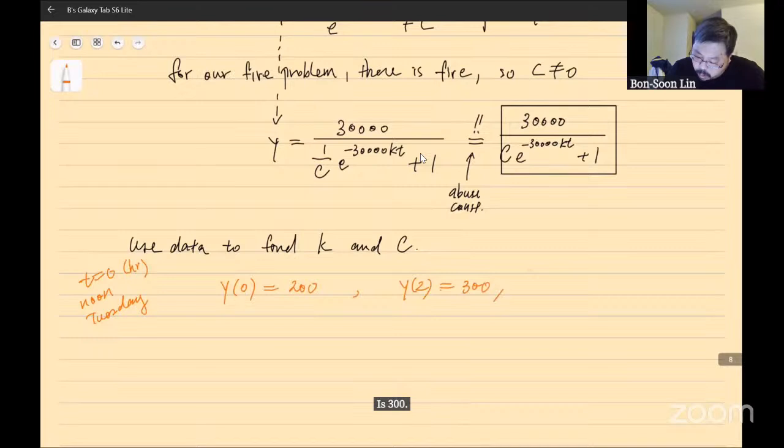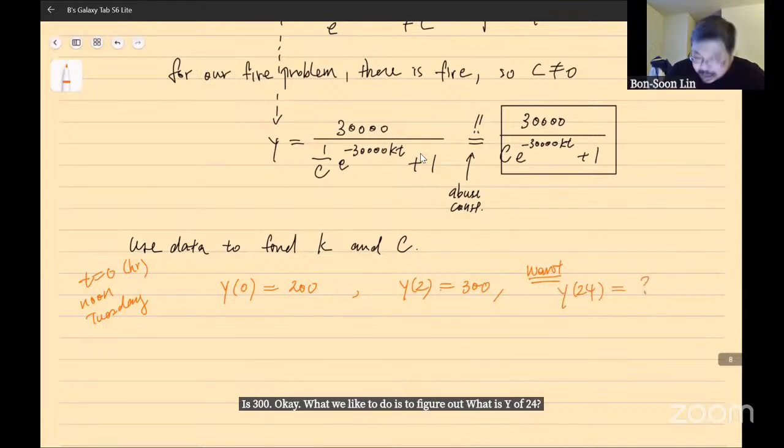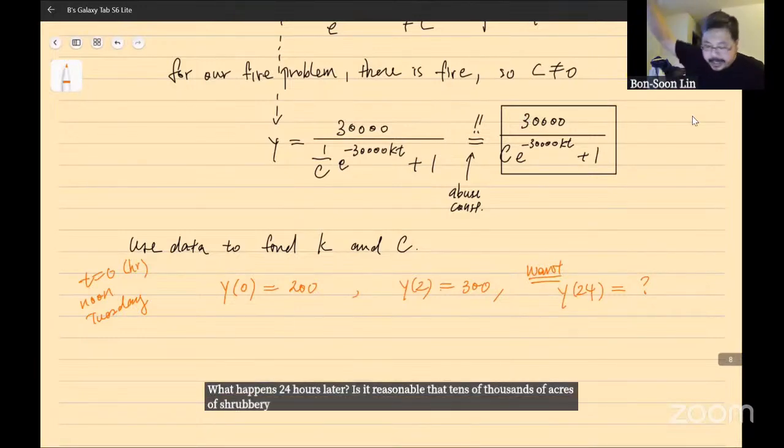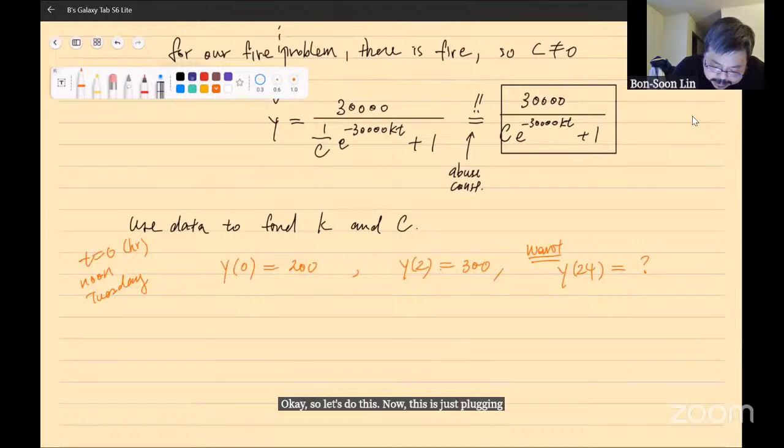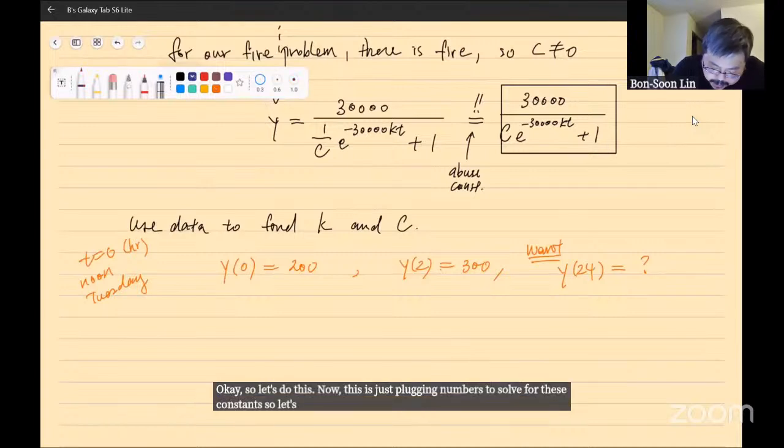What we'd like to figure out is y of 24. What happens 24 hours later? Is it reasonable that tens of thousands of acres are being burned? Now this is just plugging numbers to solve for these constants. So let's do that together.